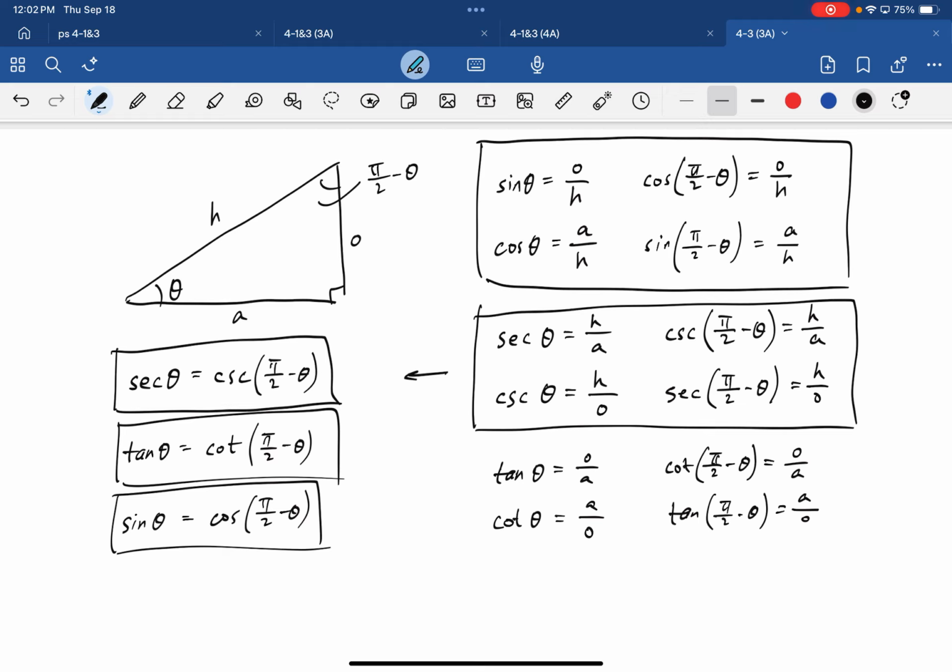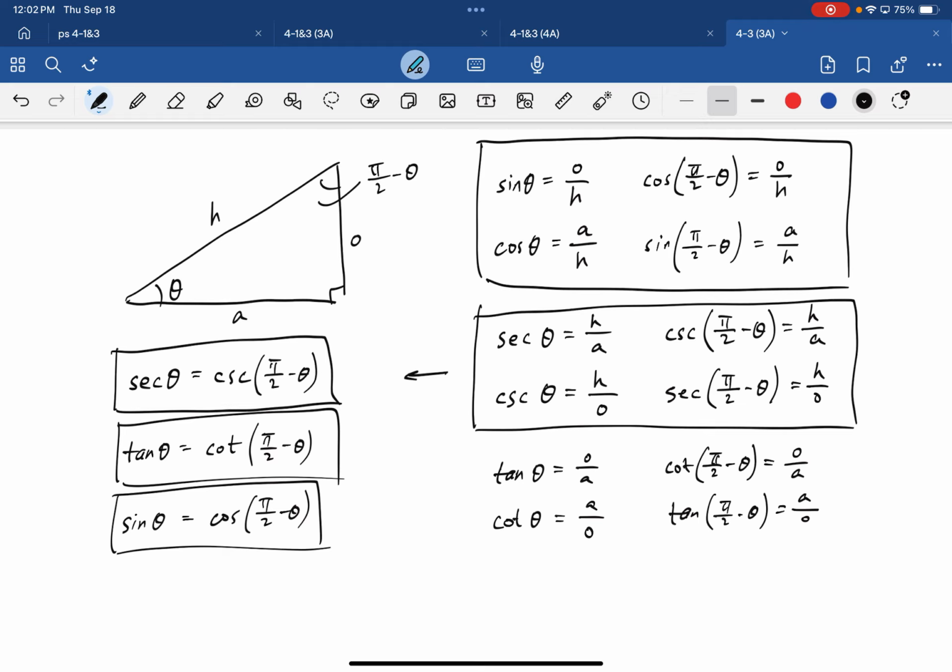Okay, and we call it a cofunction because there's a co in front of it, right? Sine becomes cosine, secant, cosecant, tangent, cotangent. So that's a good way to remember it. Whenever there's a co in front of the original thing, then the cofunction of its complement is the same as the original thing. Okay? You might have a few homework problems about this.